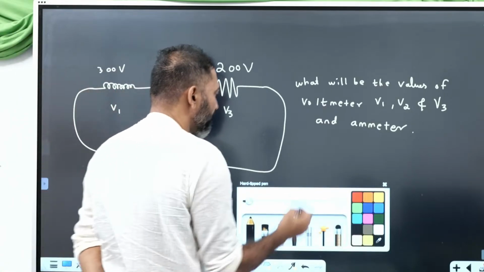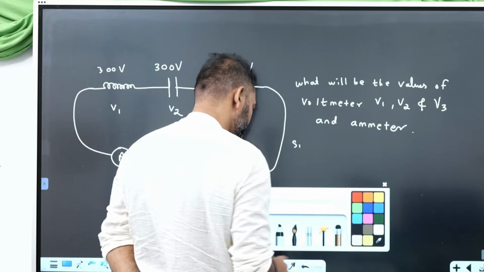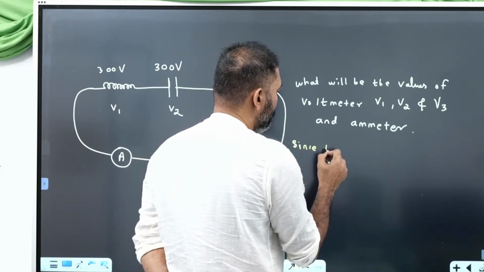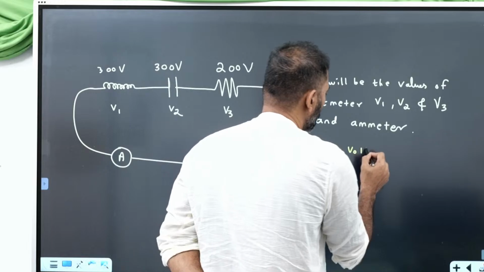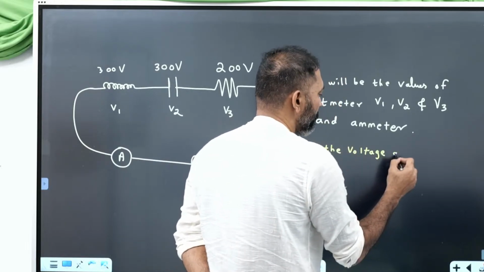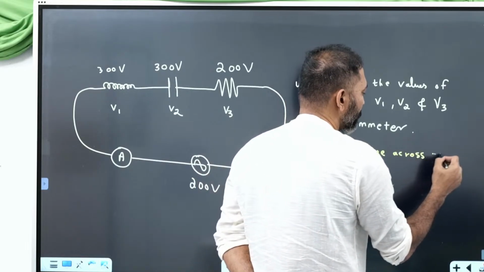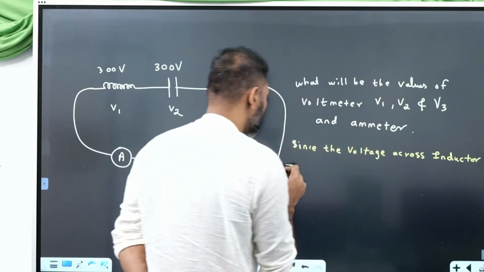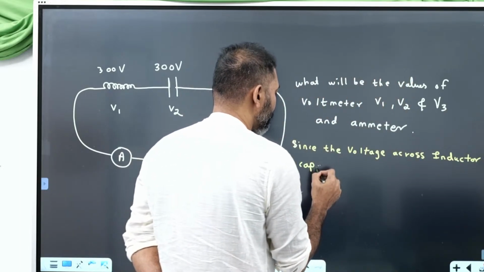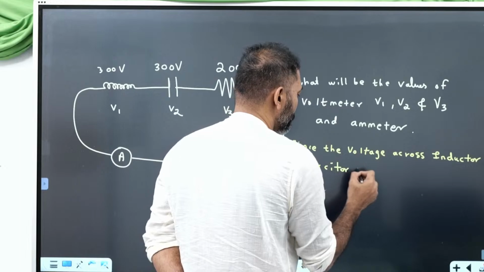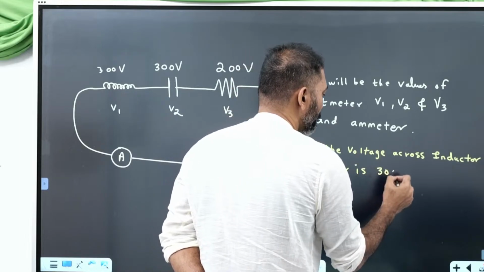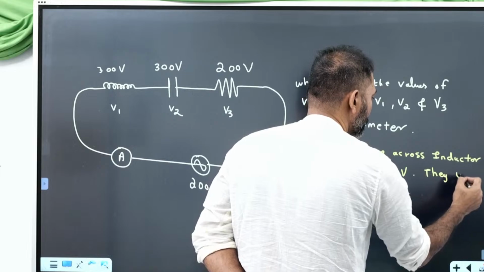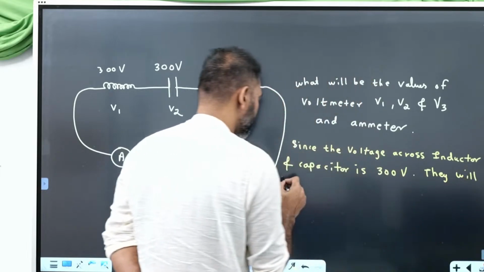Answer is very simple. Since the voltage across inductor and capacitor is 300 volt, they will cancel with each other.